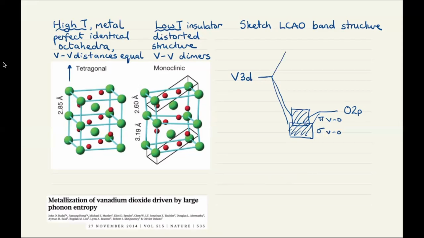And then we'll have the corresponding vanadium-oxygen anti-bonding interactions, and these will be pi and sigma type.